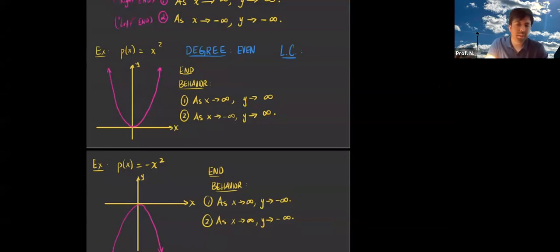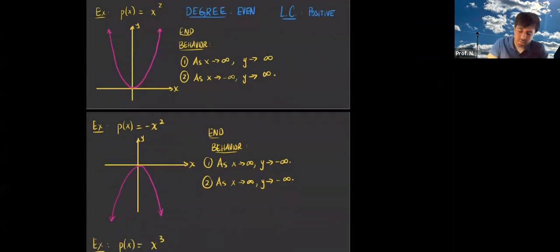It's obviously 1. But what we care about is not the number, it's whether it's positive or negative. So the leading coefficient is positive. And we're going to do this for every single one of these.